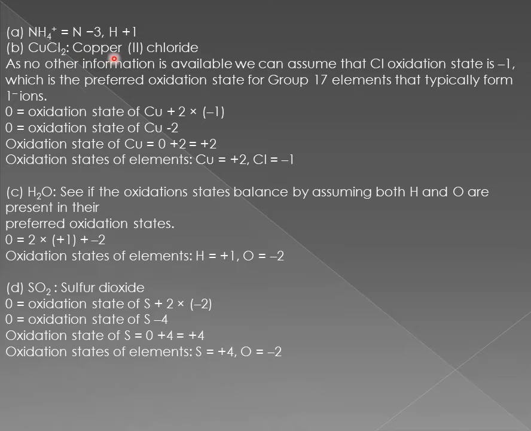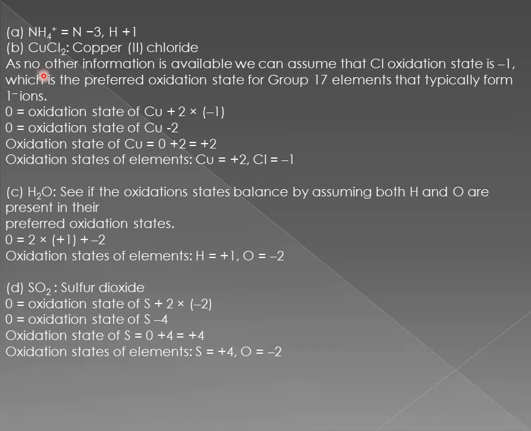Copper chloride, or we can also write it as copper(II) chloride. As no other information is available, we can assume that the chlorine oxidation state is -1, which is the preferred oxidation state for group 17 elements that typically form -1 ions.